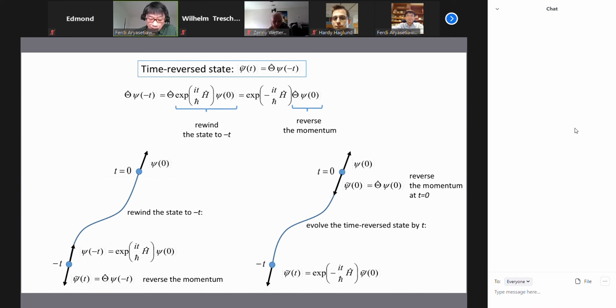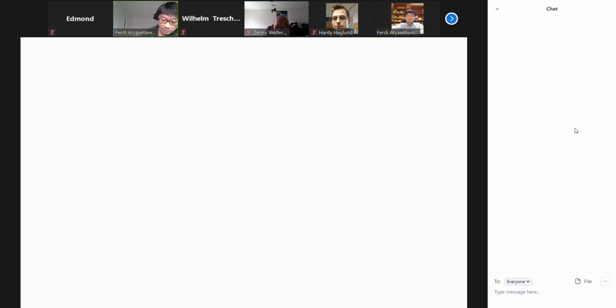If we consider this time reverse state tilde, which we denote as the time reverse state, defined to be this one here that we just found, this is also a solution to the time-dependent Schrodinger equation. And we want to have some kind of physical interpretation of this state. So we can write it in these two ways.